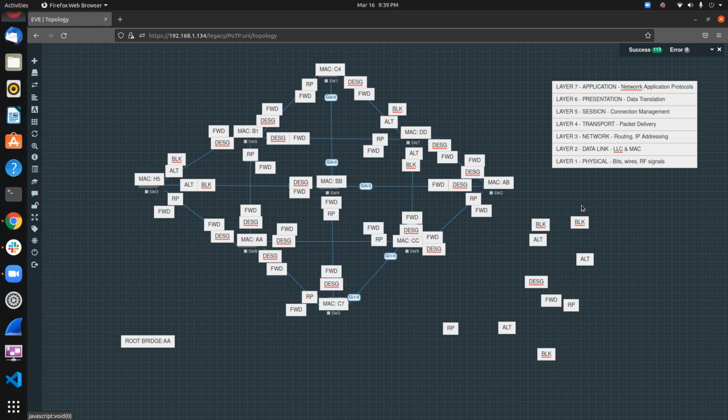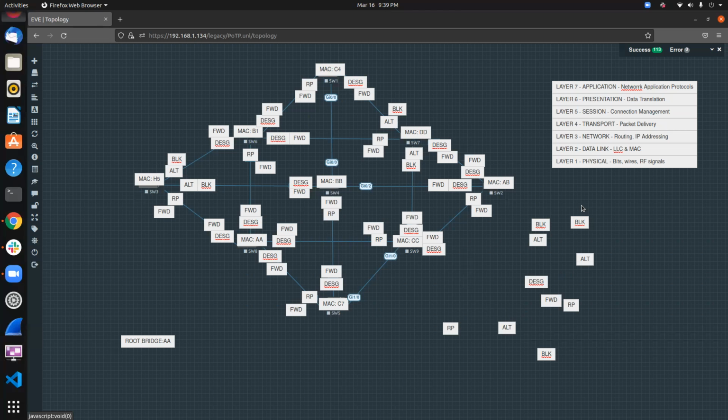Okay, Carlos, I have a question concerning the C7 state. If you look between C7 and switch 2, and then we have BB to AB, right? I would like to choose designated forward for interface 2 on MAC address BB. That's what I'd like to do, and I would like to then decide on blocking GI 10 on C7, and then making the forwarding one switch 9.